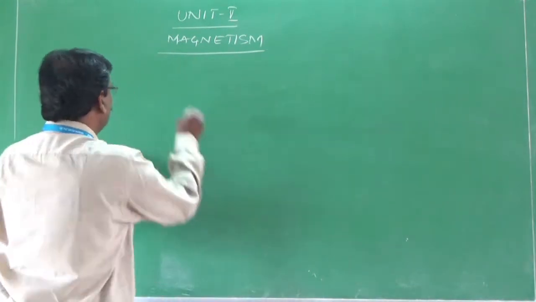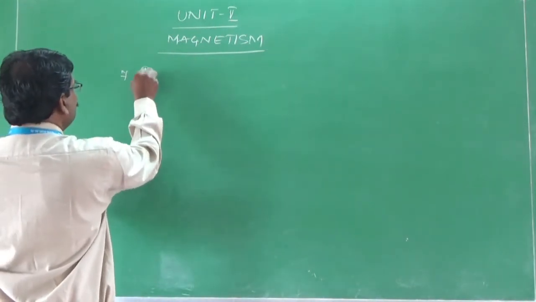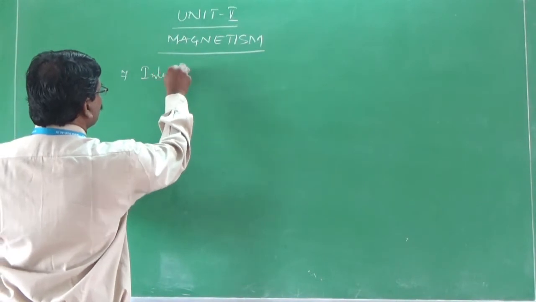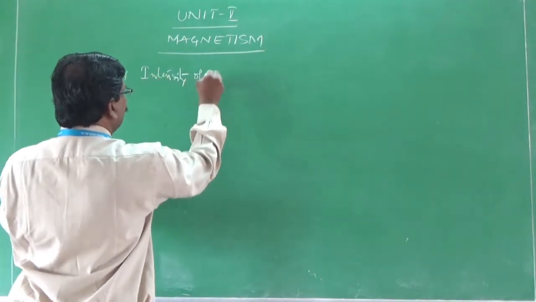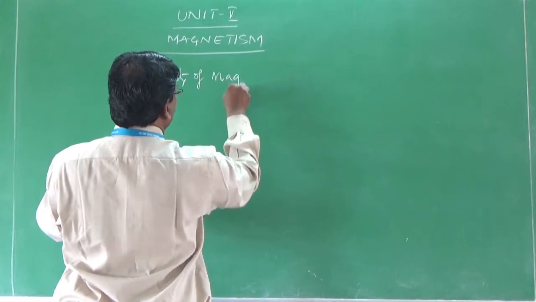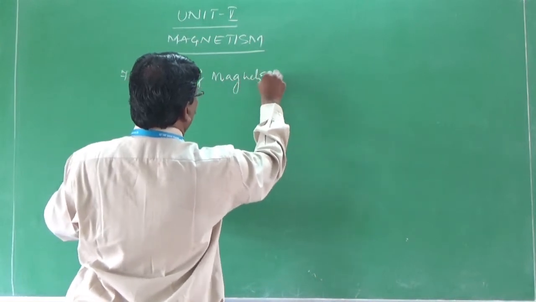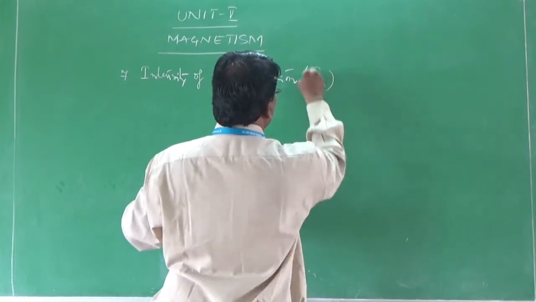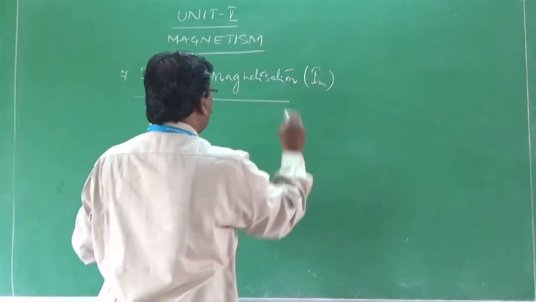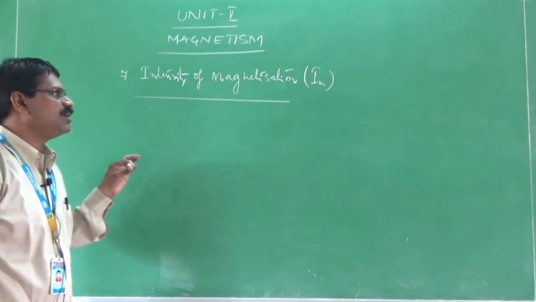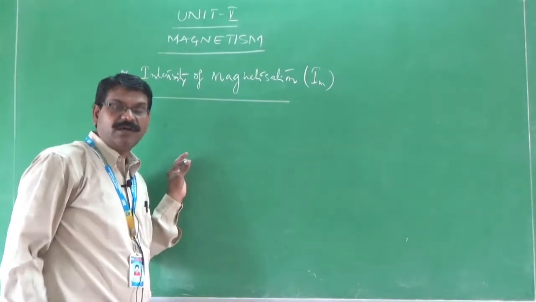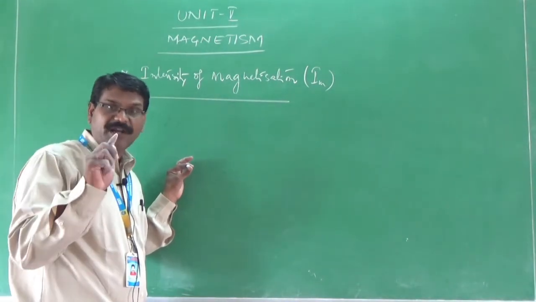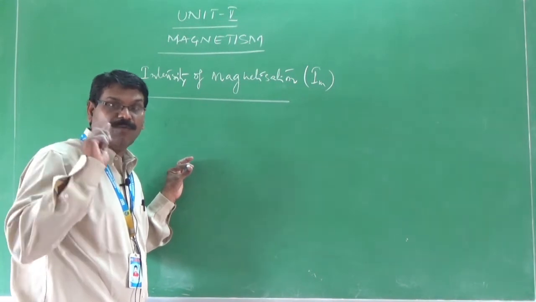Its name is intensity of magnetization. It is denoted by I suffix M or I. The intensity of magnetization is a ratio between magnetic dipole moment and volume of the magnet.